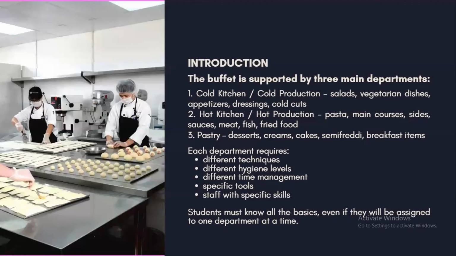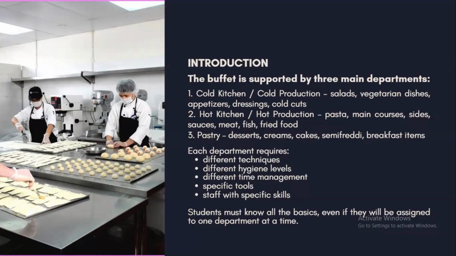So, what exactly are the three main departments in the kitchen? We have the cold kitchen, or you can otherwise call it the cold production. Number two is the hot kitchen or the hot production. And lastly, the pastry. What do you do in the cold kitchen?